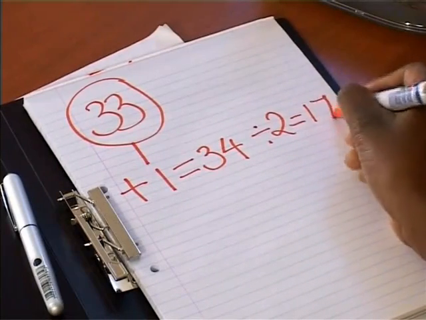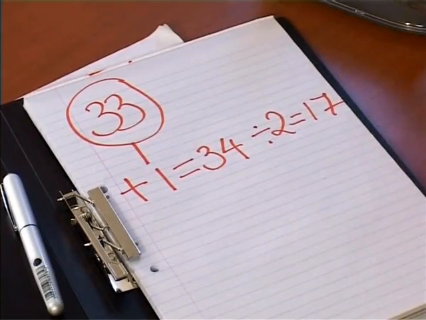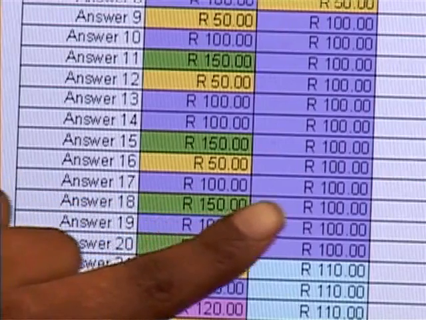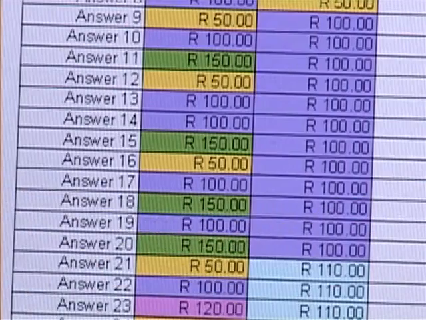I get it. 33 plus 1 is 34. Divided by 2 is 17. So the middle number is 17th on the table, which is 100 Rand. Is that right? Correct. Well done.